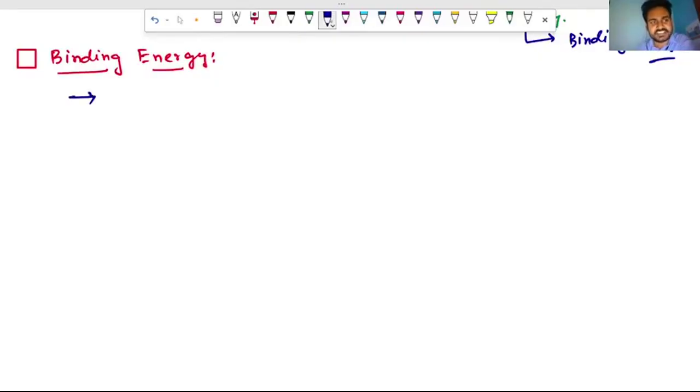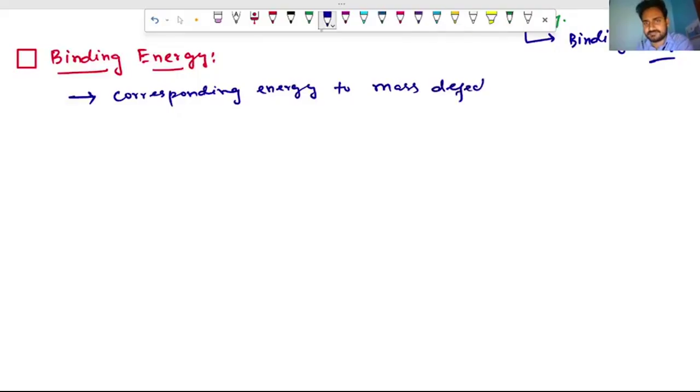So binding energy is the corresponding energy to mass defect, mass defect of a nucleus.